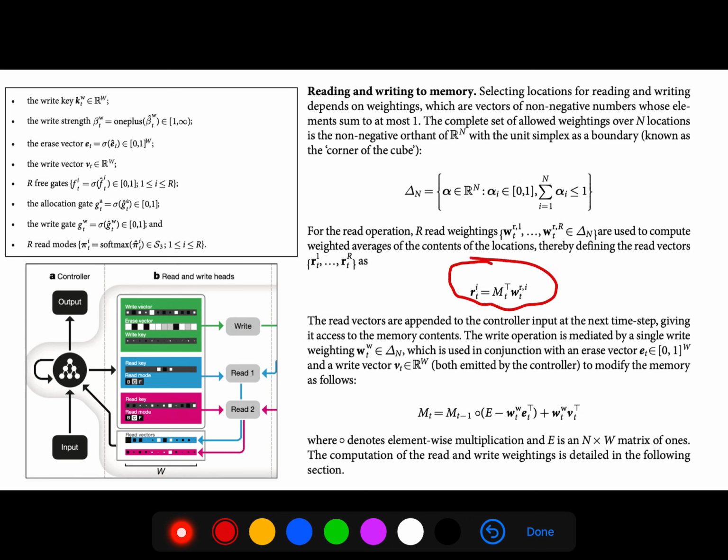W is write, WR is read. These are read weightings, do not mix them with the write vector. And this dot is just element-wise multiplication, because finally we have a matrix, so these should be element-wise to make sense.